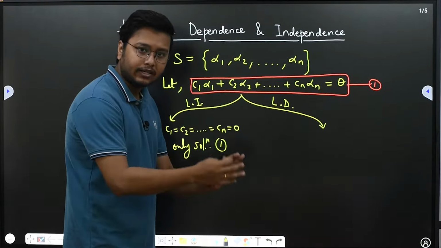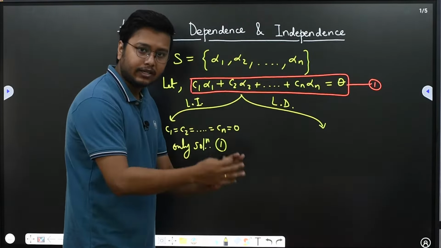This is just for the sake of understanding I am writing. It may happen that there are more constants which are non-zero. Just for the sake of understanding, let me consider that specifically the ith index is non-zero. So in this expression that I have written, there is some Ci alpha i where the constant Ci is non-zero.